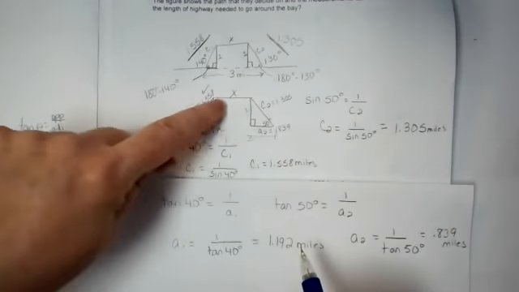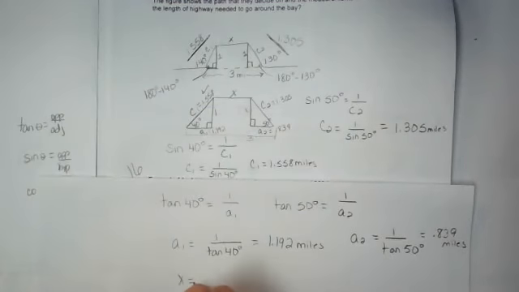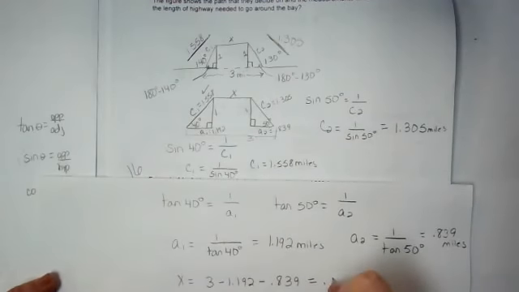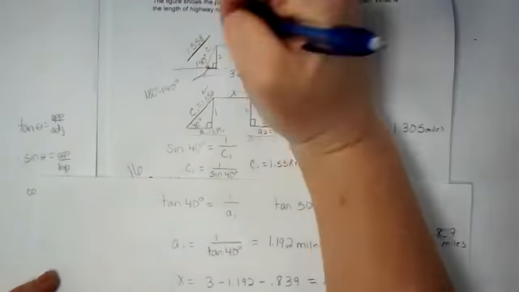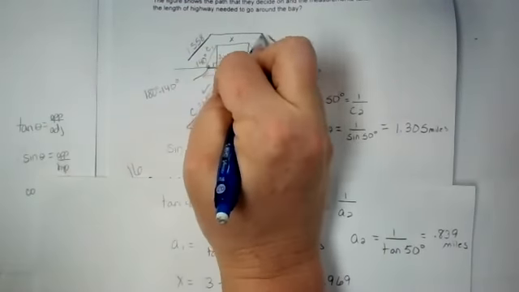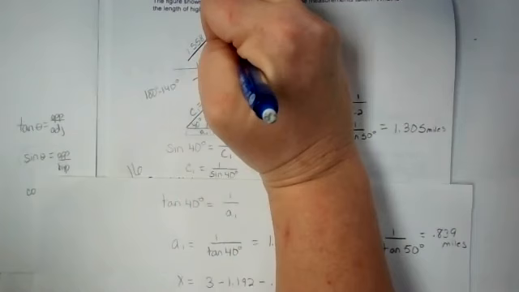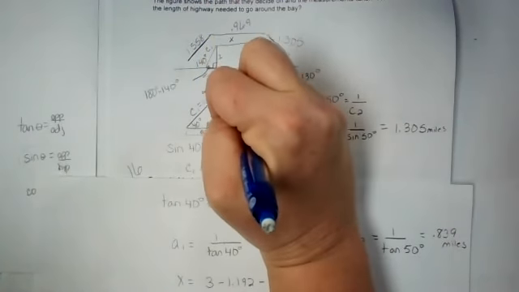Then in order to find this X, it's going to be 3 minus 1.192 minus 0.839. That's going to give me an X of 0.969. So this little connected part is 0.969 miles.